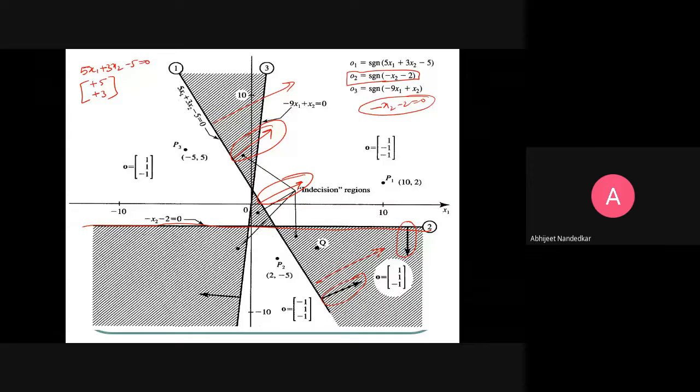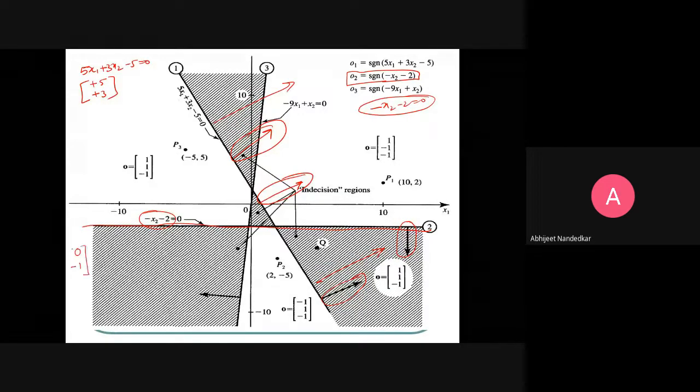If you collect the coefficients, it is 0 and minus 1, so 0, minus 1 is the direction. If you plot that vector, this is the direction of the second neuron where it will get fired.